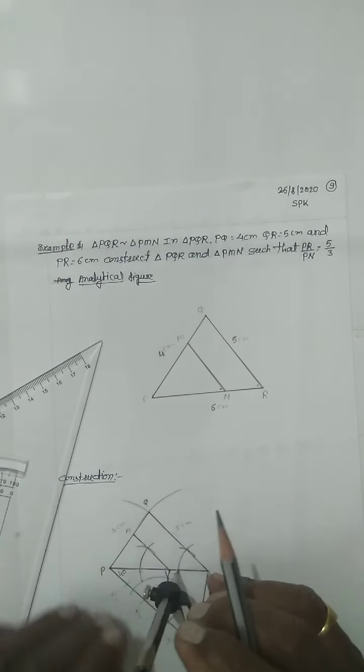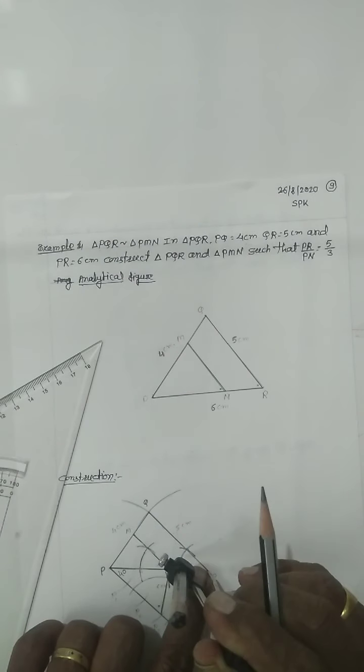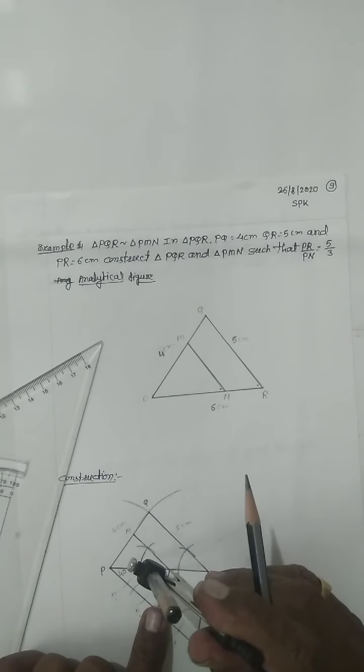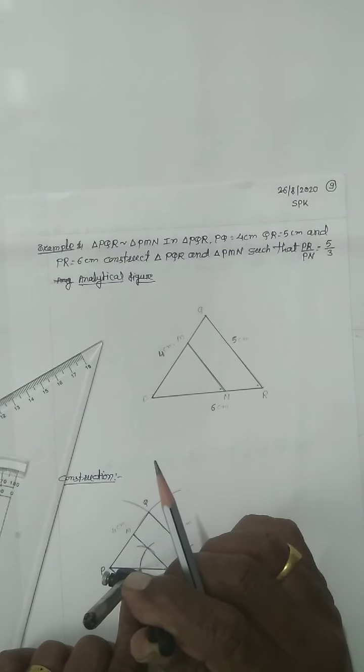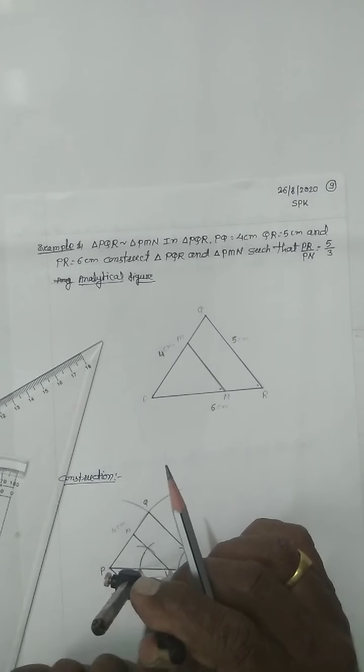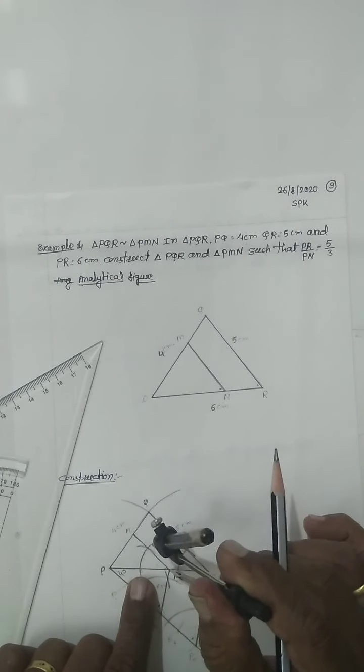This arc intersects the two sides of this angle. Then keep this distance as it is and draw the arc. That arc intersects PN and extend it in this way.